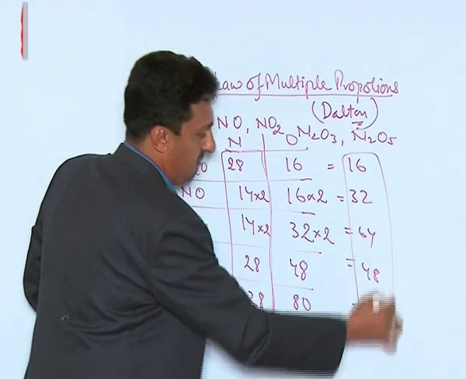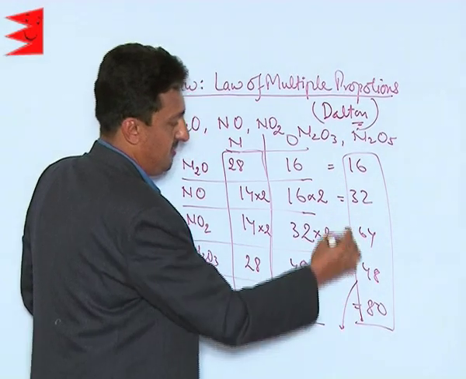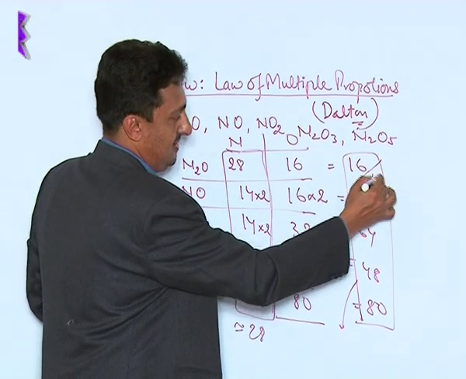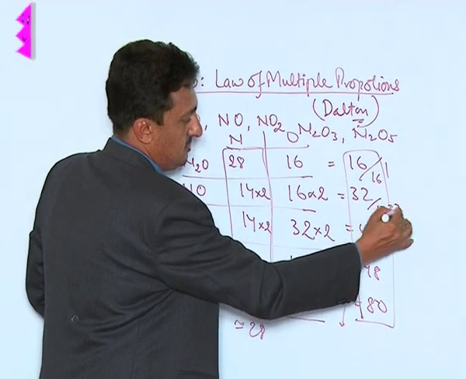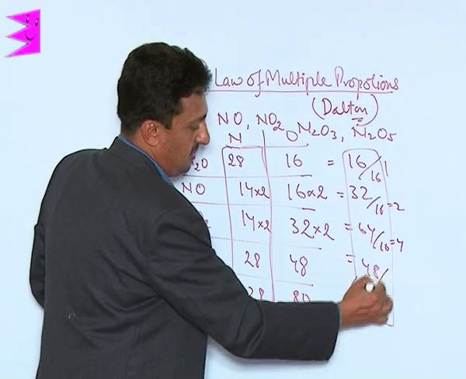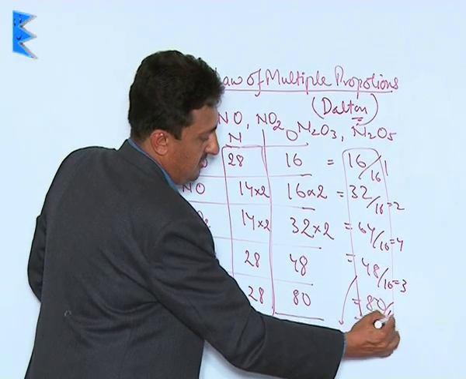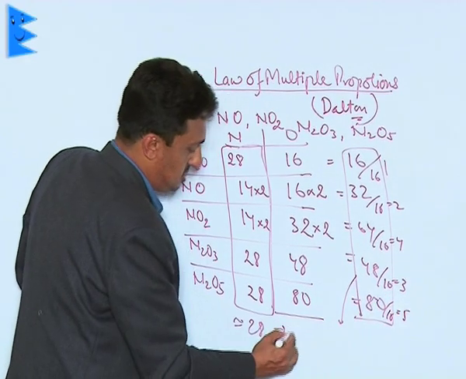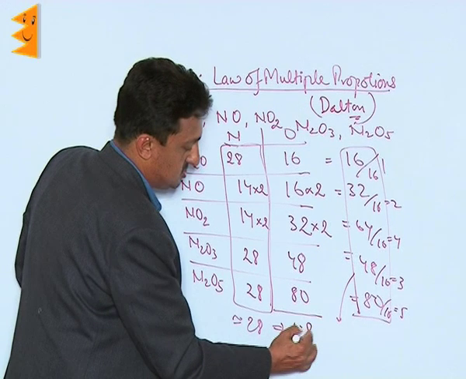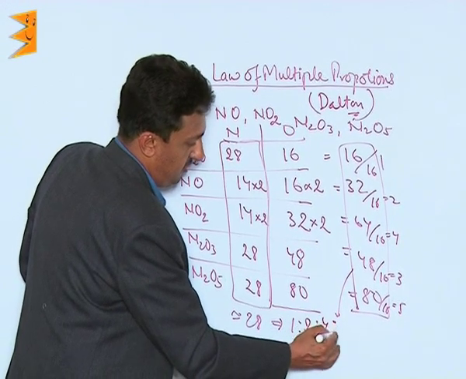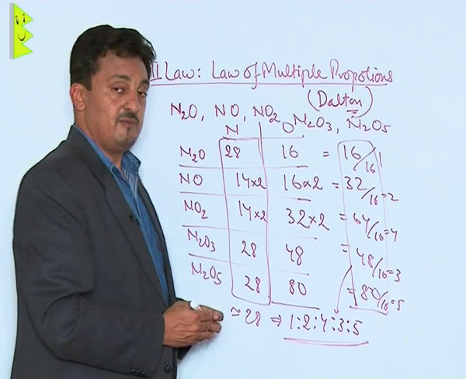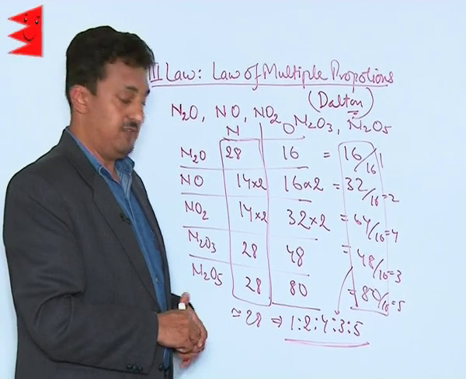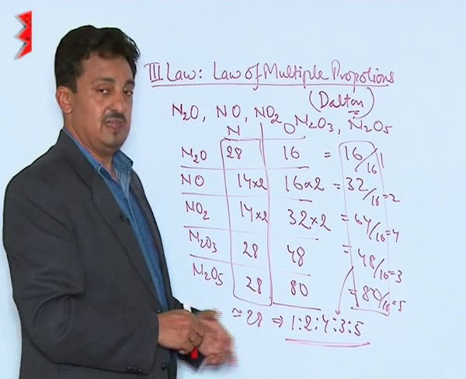What is the ratio between these? If we divide by 16, it's 1, 2, 4, 3, 5. So the ratio comes out to be 1 is to 2 is to 4 is to 3 is to 5. This is the ratio of the different oxygen masses in the different oxides of nitrogen.